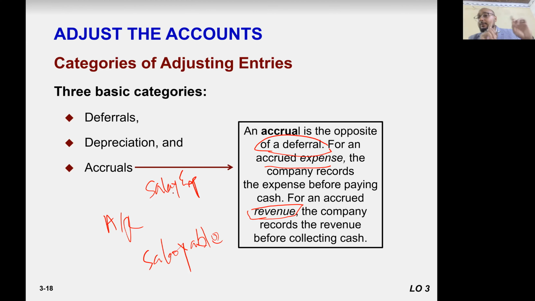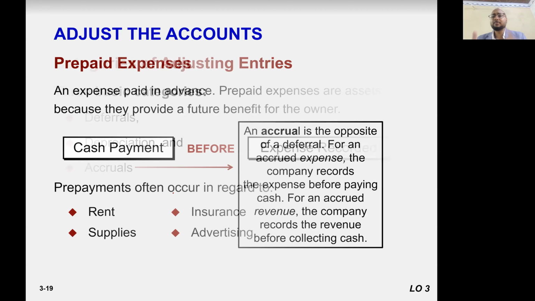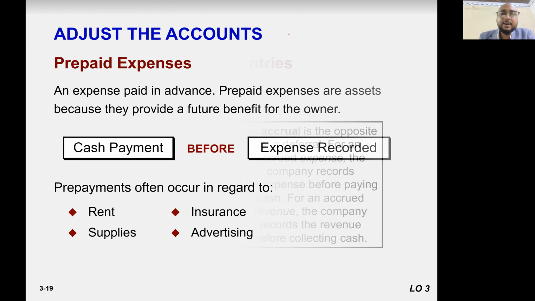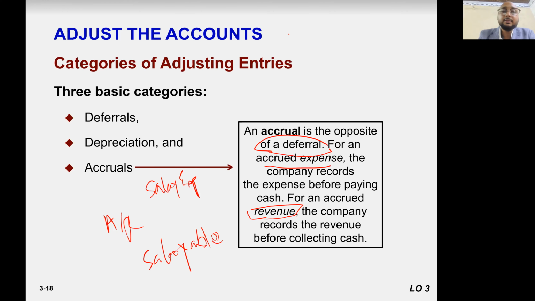Right? Revenue and expense recognition. So every time anything happens, just remember that expense and revenue must be recorded when they occur, irrespective of when it is paid or received. So let's just talk about the adjusting entries. There are 3 types of categories: deferral, depreciation, and accrual.